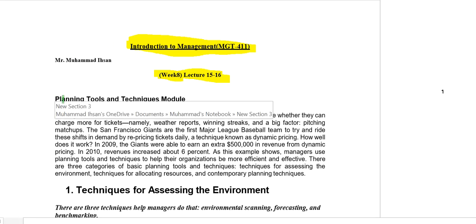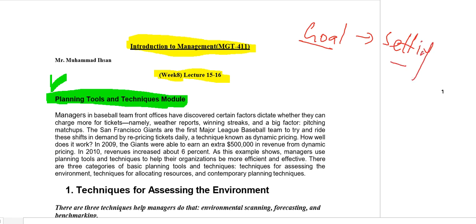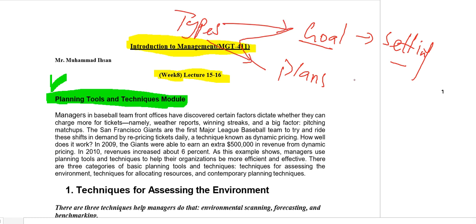Students, in this week we will try to discuss tools and techniques which are used for planning. In previous weeks we studied what are goals and goal setting. We studied plans. We also studied types of goals and types of plans.